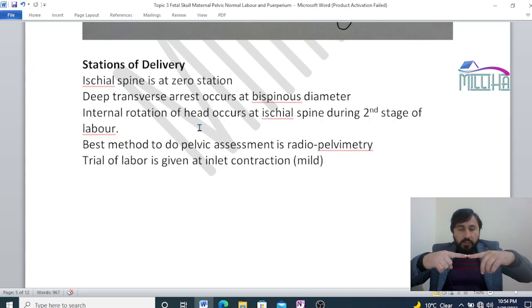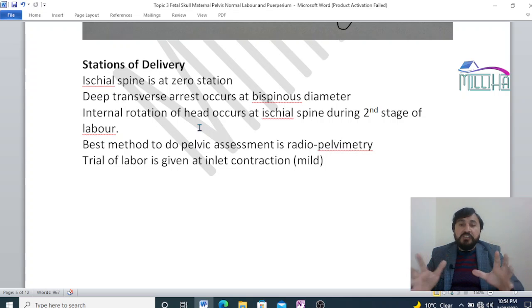From above we take it -1, -2, -3, -4, and from the 0 point below, +1, +2, +3, +4. These are the stations of the head of the fetus. Okay, they can predict the prognosis of the delivery, how it will undergo, whether it is possible or impossible, or it's difficult or easy.